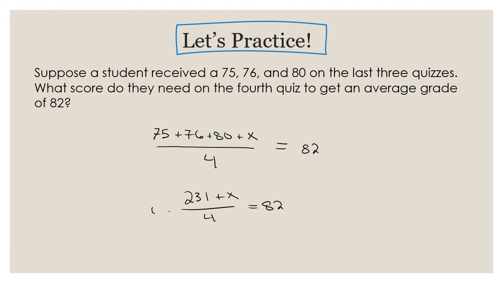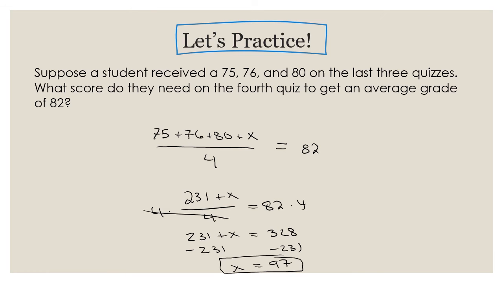Multiply 4 on both sides to cancel it right here. Then I get 231 plus x equals 328. Subtract 231 from both sides, and you get x equals 97. So on the 4th quiz, the student must get a 97 so that their average grade is an 82.